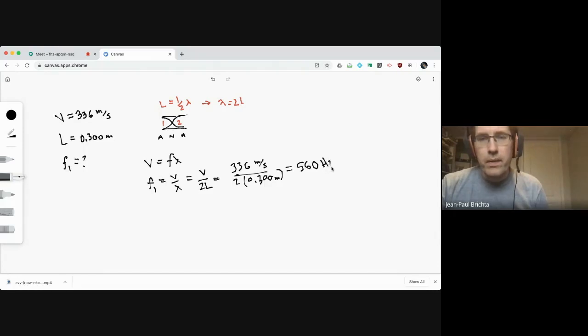Okay, good enough. Now, the question is, how do I go from this to calculate F2? I don't want to go through all this calculation again if I don't have to and draw a little doodle and all that sort of stuff. Instead, I just want to use the relationship that F2 is just 2 times F1.